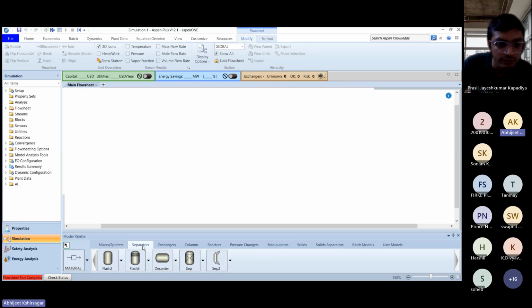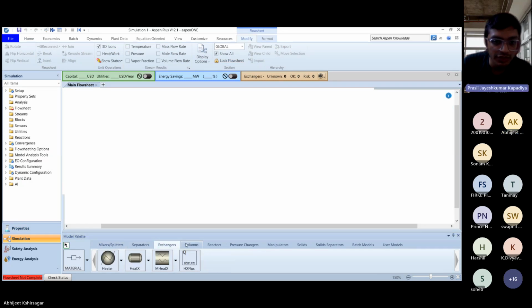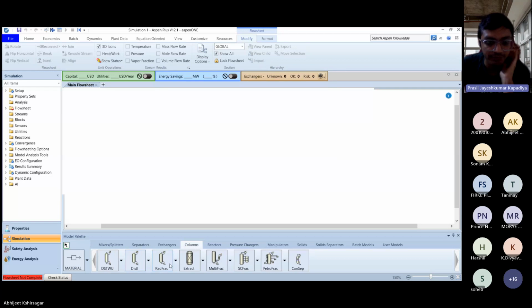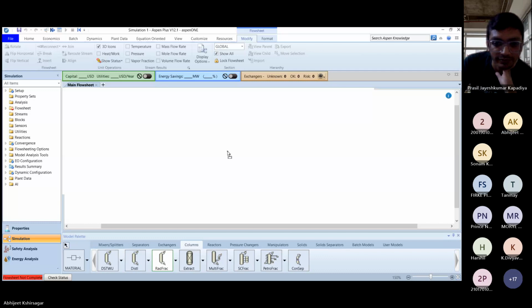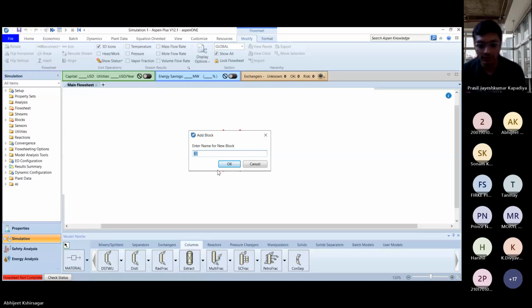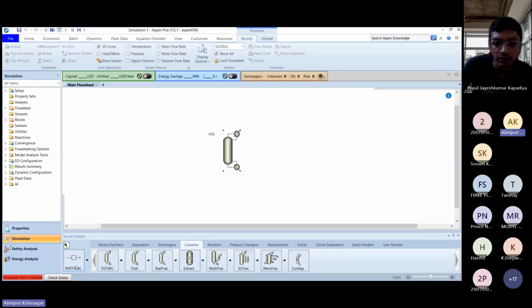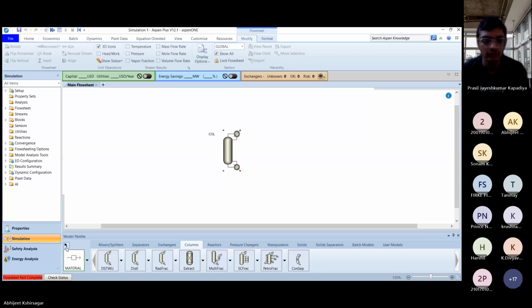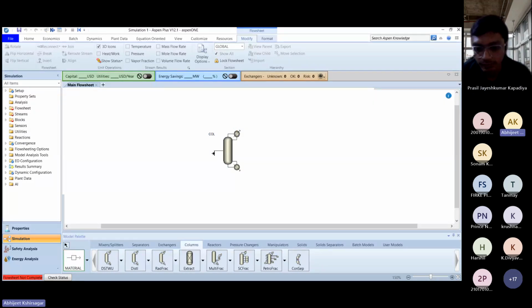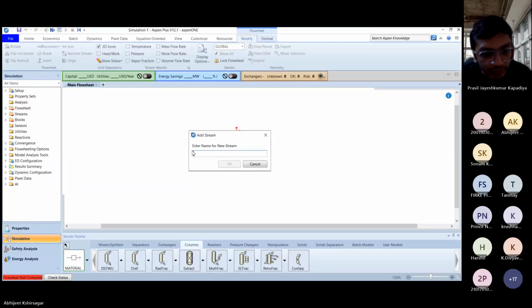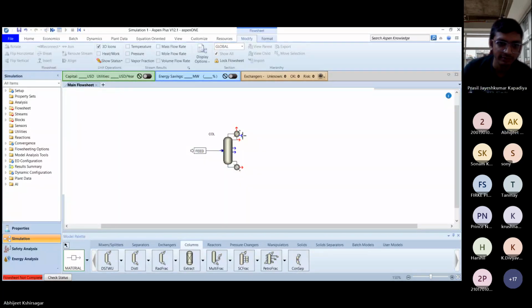Now we will add a column. Which column will you add? RadFrac. Okay, go ahead. Now we will add feed, top product.